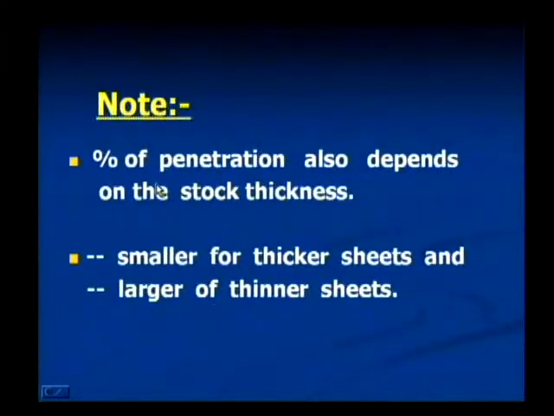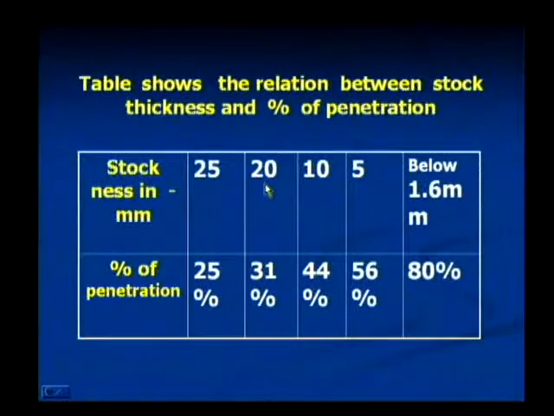It can be observed that the percentage of penetration also depends on the stock thickness, and is smaller for thicker sheets and larger for thinner sheets. The table shows the relation between stock thickness in mm and percentage of penetration. If stock thickness is 25 mm, only 25% of penetration is sufficient.